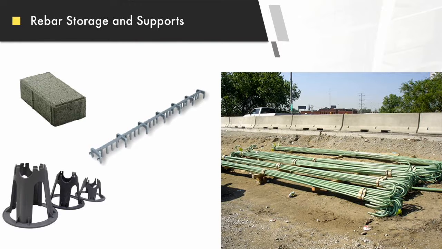So this is something that is a lot of times overlooked, and the contractor doesn't most of the time see the necessity of it, because it's a pain for them to go around and find dunnage to make sure it's up out of the ground, make sure that they're not piling other construction materials on top of it. The supports, they got some dobies there, different kinds of chairs.